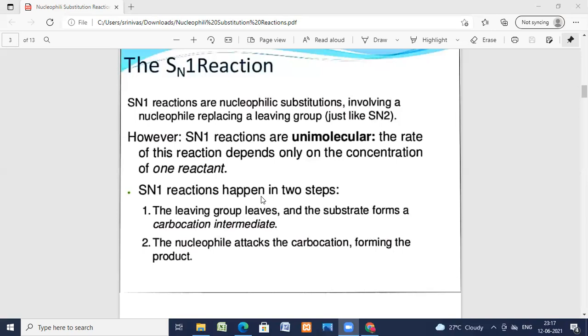That is the slow step, the first step. And in the second step, the nucleophile will attack the carbocation, the nucleophile comes in and attaches here, thereby the tertiary alcohol is formed. So this is the way it proceeds.